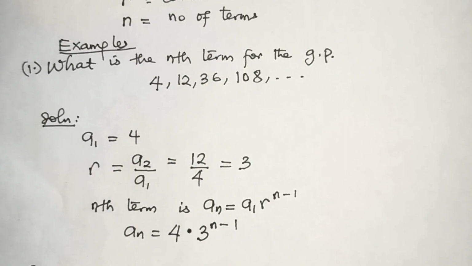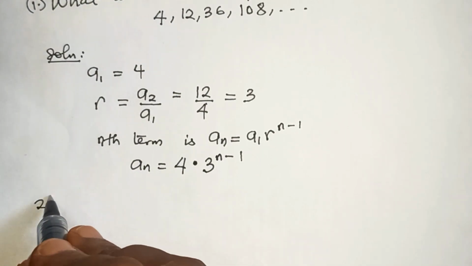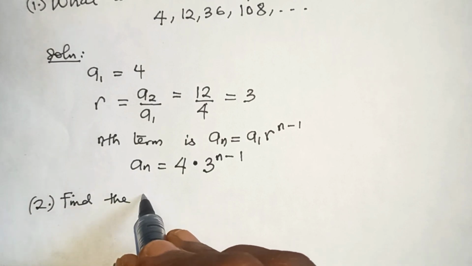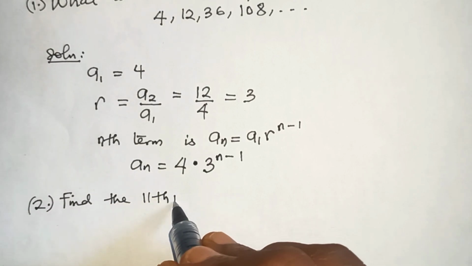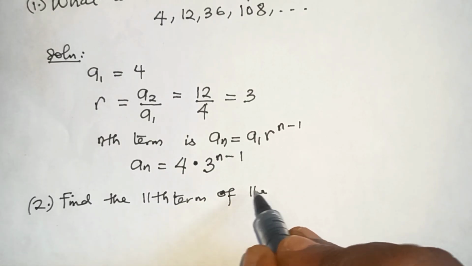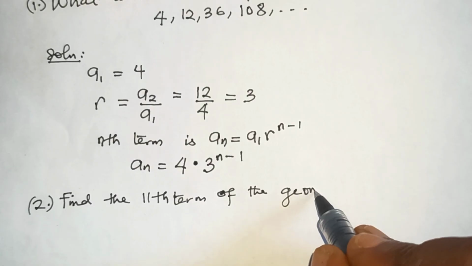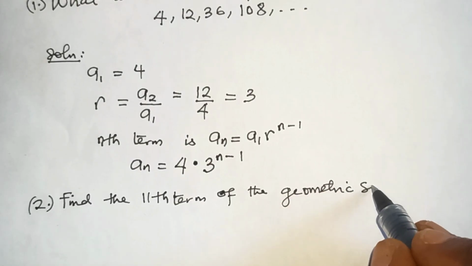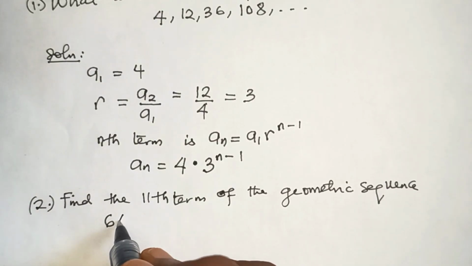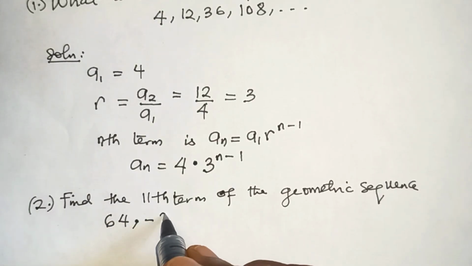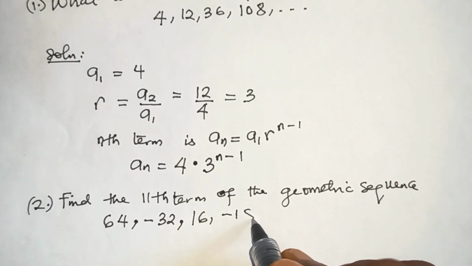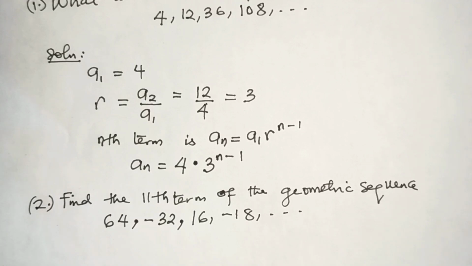Find the 11th term of the geometric sequence 64, minus 32, 16, minus 8, and so on.